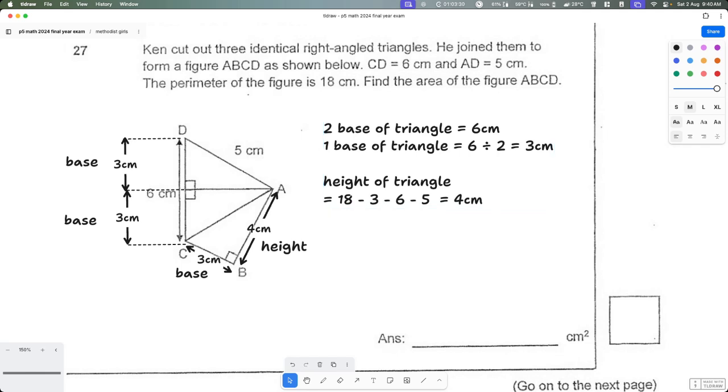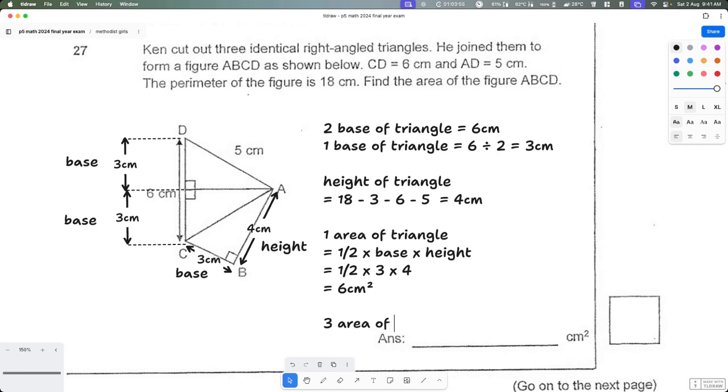Okay, find the area. So area of triangle is equal to half times base times height, which is equal to half times, the base is 3 and the height is 4. And this will give us 6 centimeters squared. So what about 3?